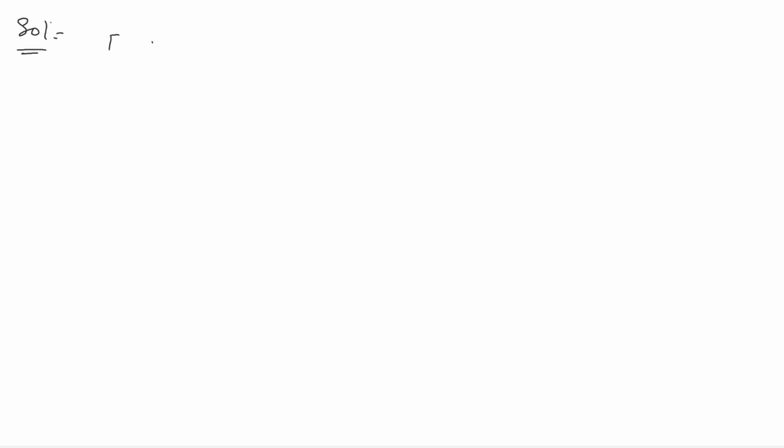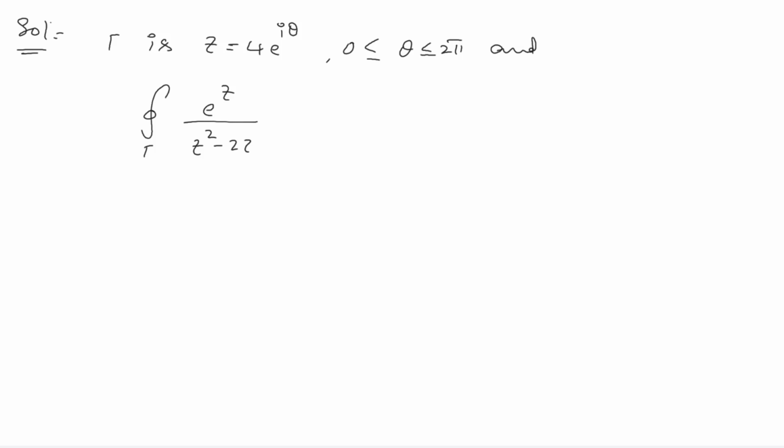So the gamma is given as the circle z equal to 4 times e to the power of i theta, where theta runs from 0 to 2 pi, and it is asked to calculate the integration over gamma of the function e to the power of z divided by z square minus 2z dz.